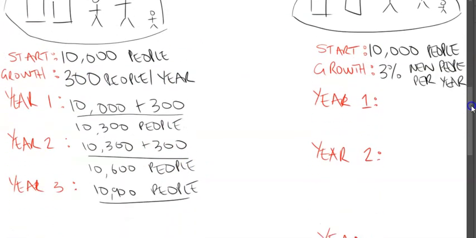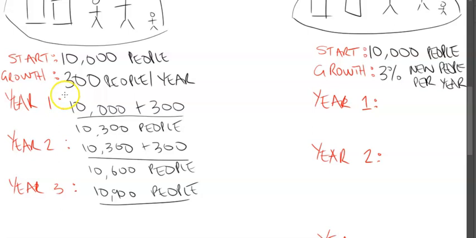It's called linear because the amount of people that are added creates a pretty much straight line if you were to graph this as population growth. So we start at 10,000, and as each year goes by, we're adding 300, 300, 300, and this keeps going up in a straight line.